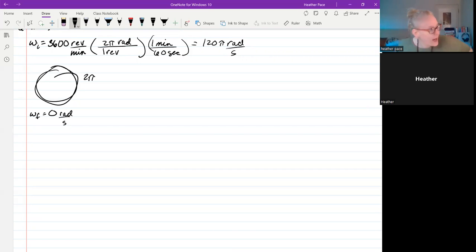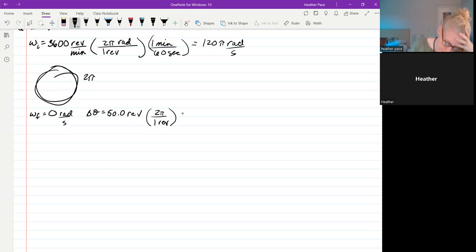And we know that our delta theta is going to be 50.0 revolutions. And we know that one revolution is going to give us 2 pi radians. So we're going to have 100 pi radians.